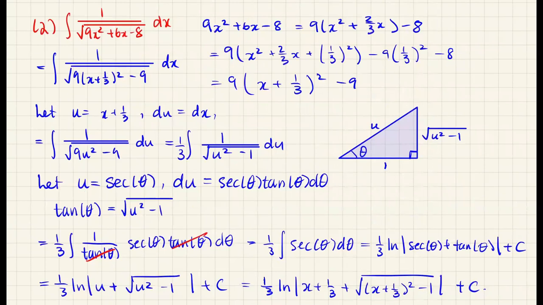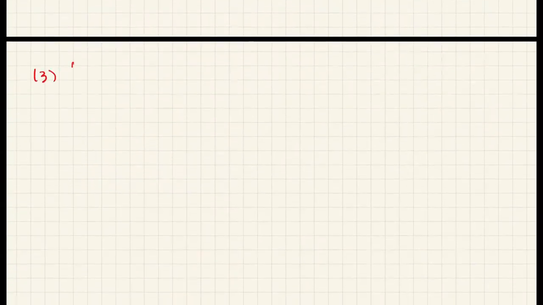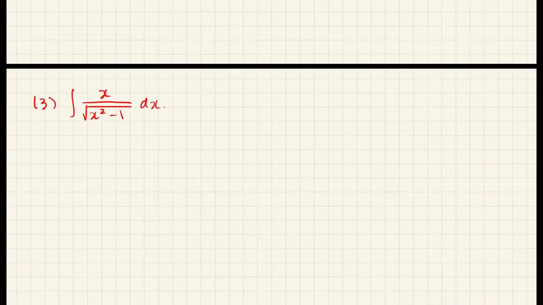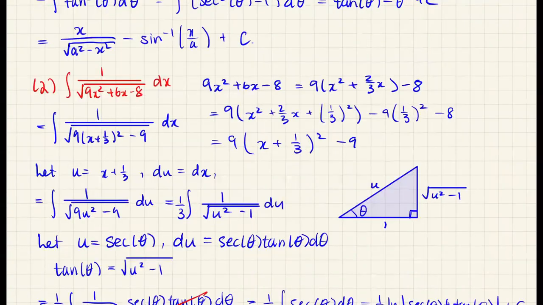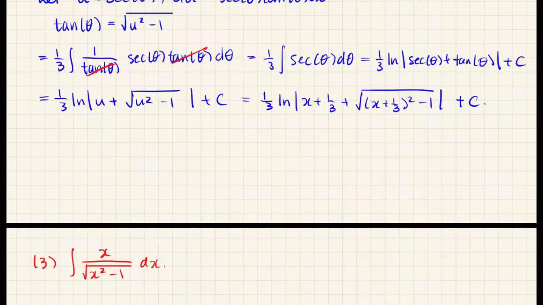Okay, so let's have a look at the third example here. So this is example 3. Let's say we want to integrate this one: x divided by the square root of x squared minus 1, times dx. Once again, we have an expression that is similar to what we had in the previous example.